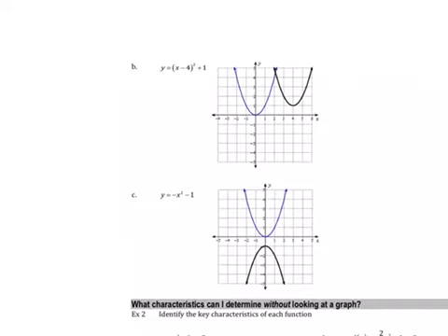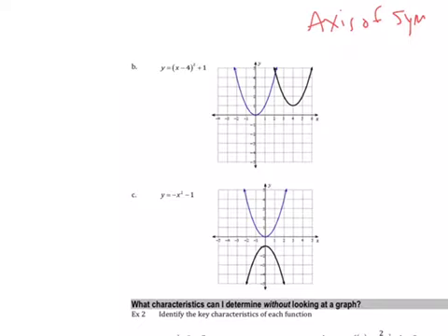Okay, how about for this B question? What can we label and identify characteristics of for this graph they've given to us right here, the black one? Remember, the blue one is just our parent graph, okay? So let's go through it. What is my axis of symmetry? I'm trying to abbreviate a little bit because I keep running out of room, okay?